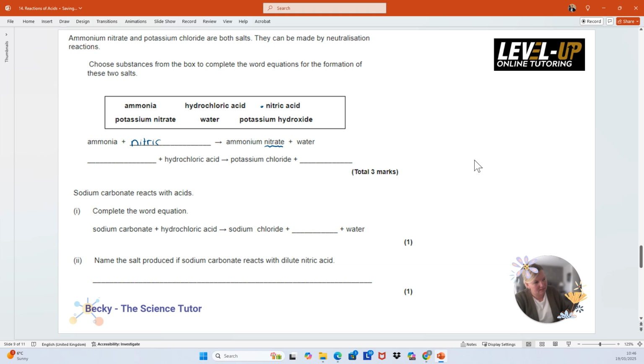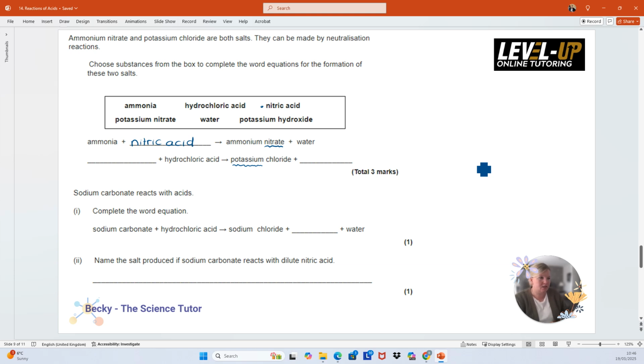So nitric acid is what we're going to use to finish that word equation. Something plus nitric acid. So we want something that's got potassium in it. This is our acid, so we're going to either need a hydroxide or an oxide.